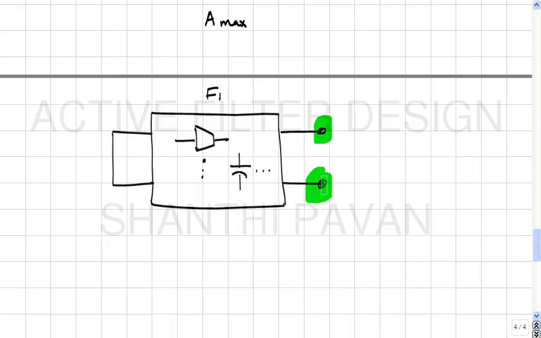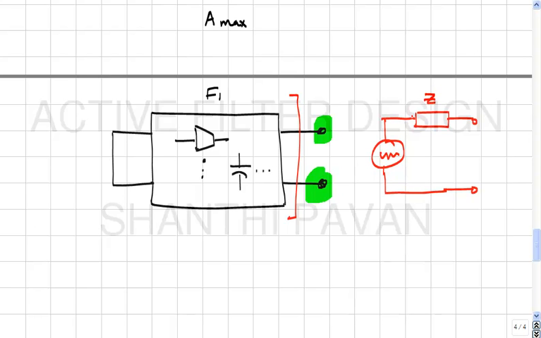In other words, as far as these two nodes are concerned, I can form a Thevenin equivalent, where there is some noise source and some impedance Z. Does it make sense?